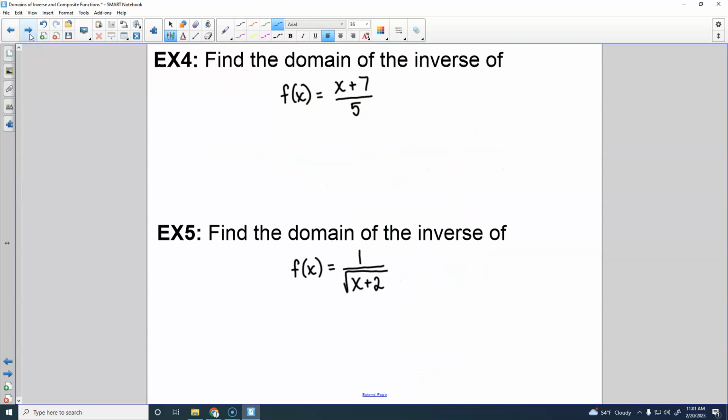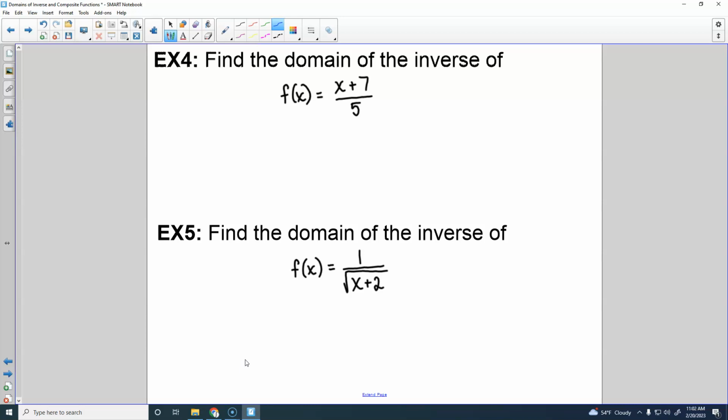All right. Try these next two on your own. Let me address one thing about example 4. What kind of function is number 4? It looks rational. Is it rational? Does it have an x in the bottom?